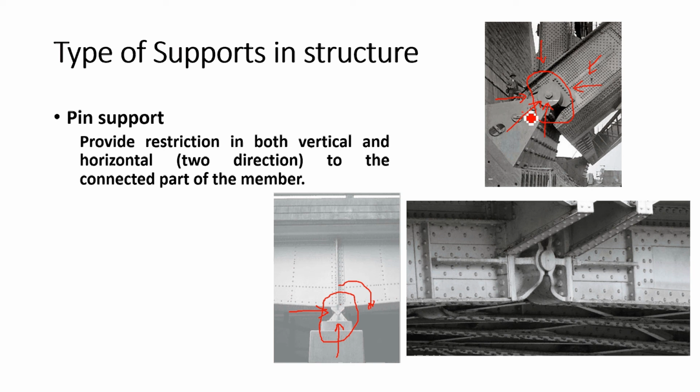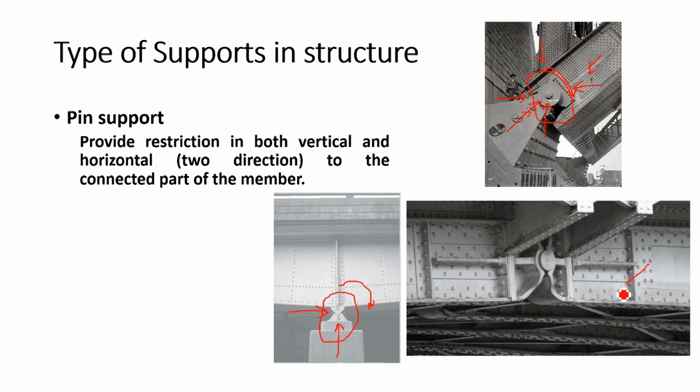So that means this is the resultant reaction of the support. Here, as I mentioned earlier, when you try to rotate this structure, this part is free to rotate, right? So your pin support will not provide any restriction for the rotations. It is very important. Okay.